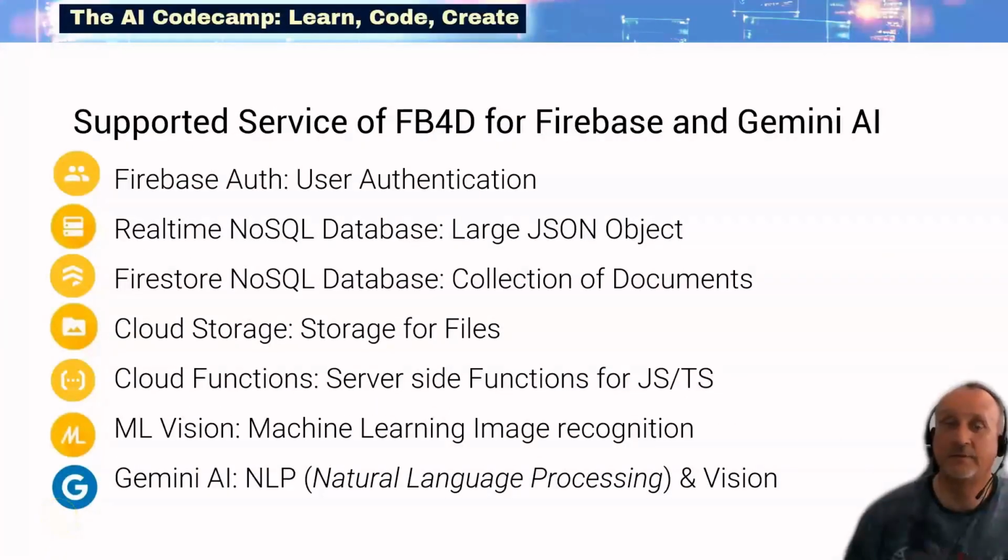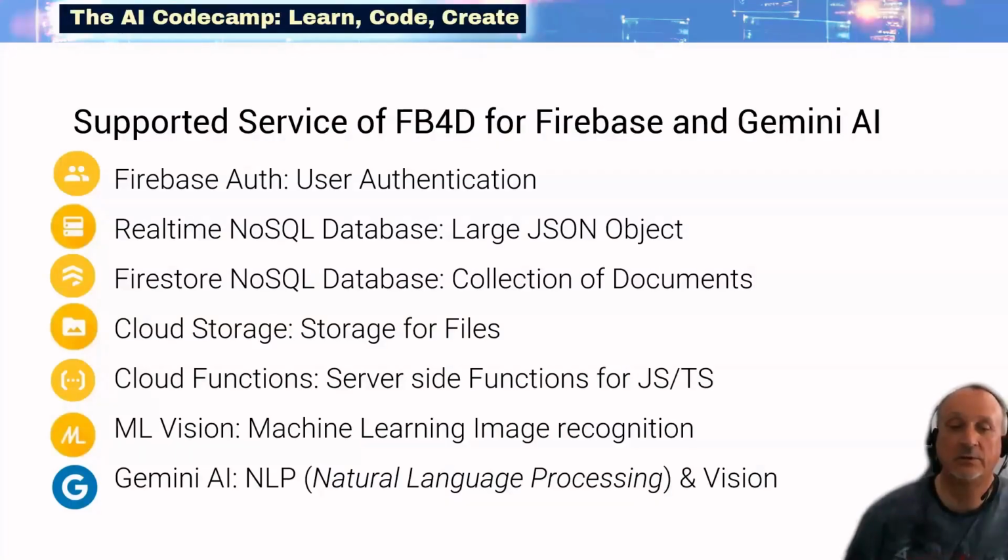This slide gives you an overview about all services which are supported by FB4D for Firebase and Gemini AI. First, we have the Firebase authentication service. Second, we have a real-time NoSQL database which works as a large JSON object.